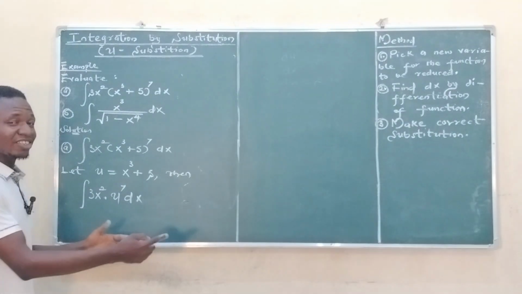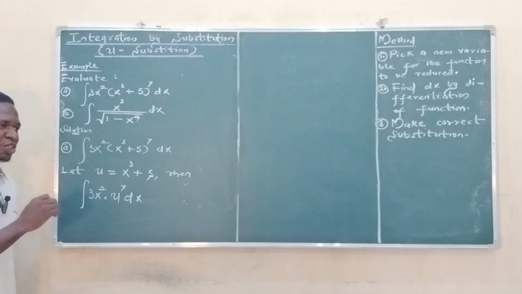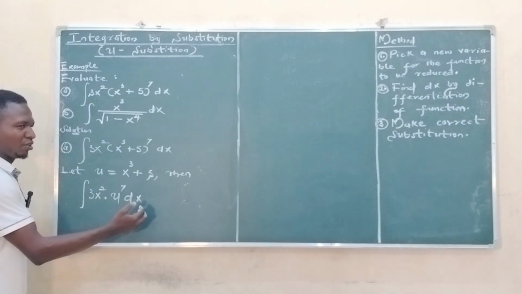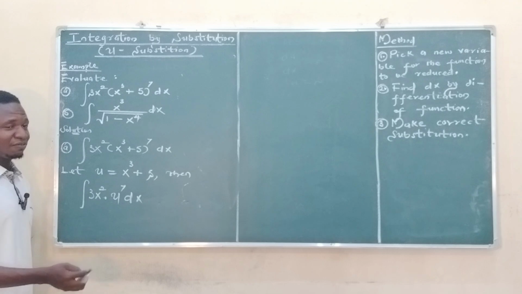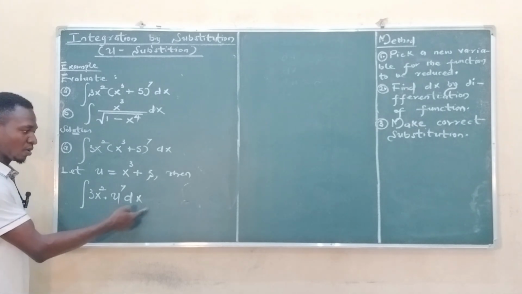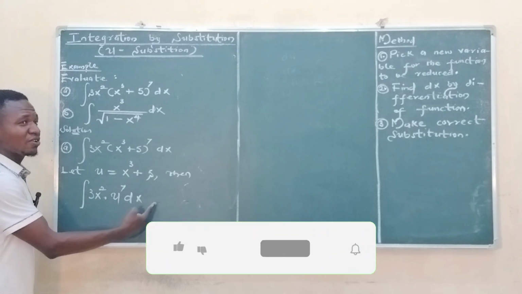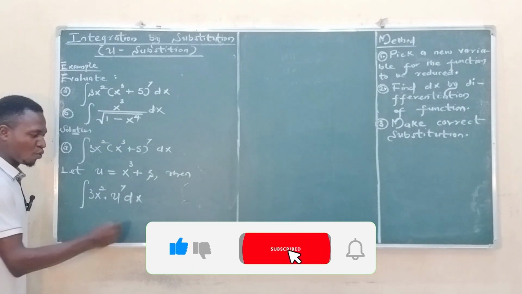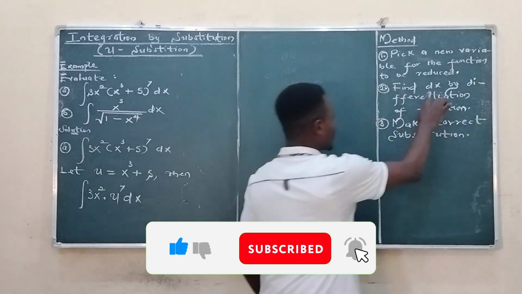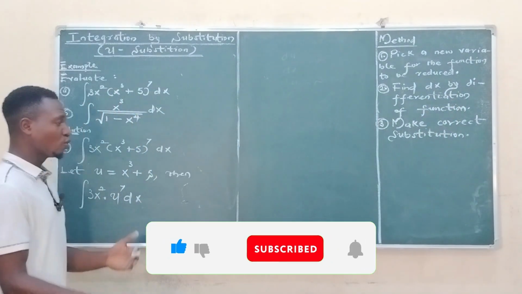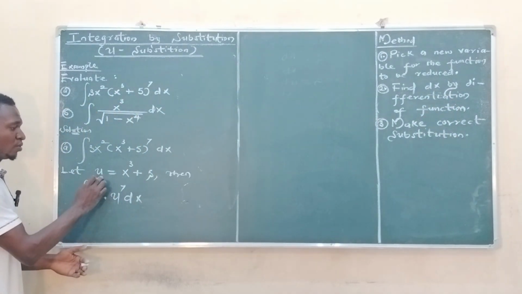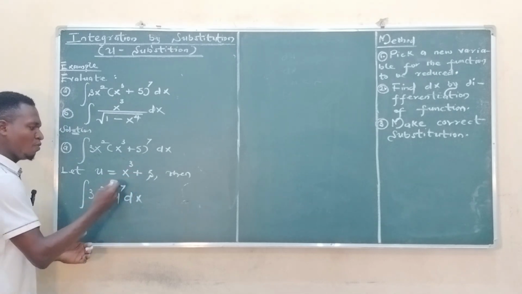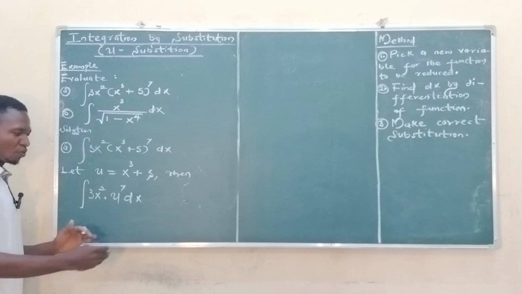Yes, this is simple, but the issue is that you cannot integrate a function with respect to another variable. There is x here, and there is u here, but you are integrating with respect to x, so there is a conflict in the variables. So what do we do? We have to find the dx. How do we find the dx? We go back to our assumed function where u is equal to x raised to the power of 3 plus 5.